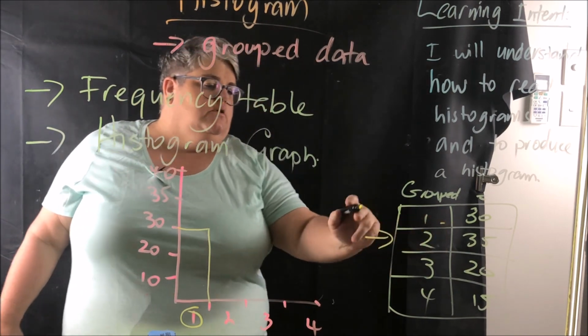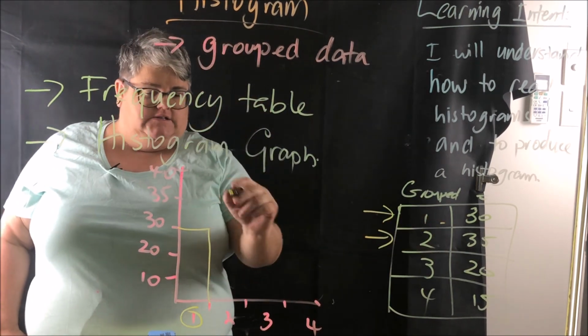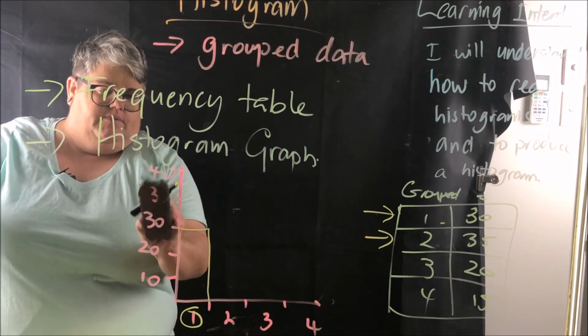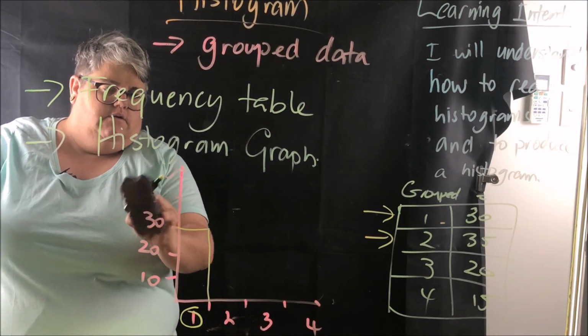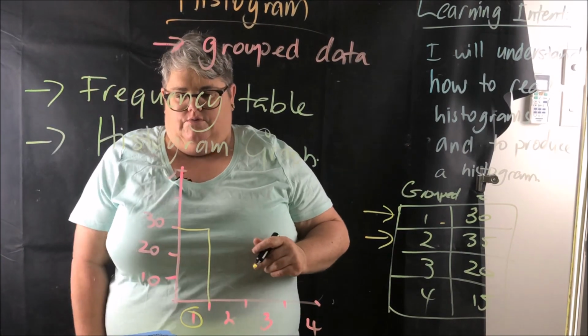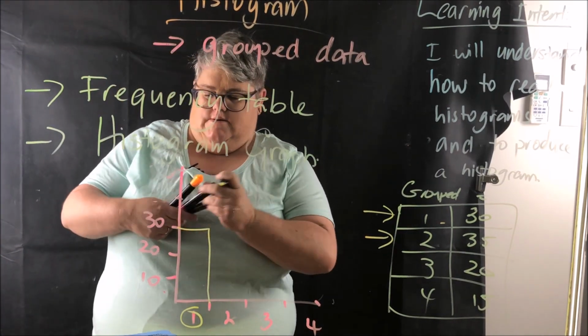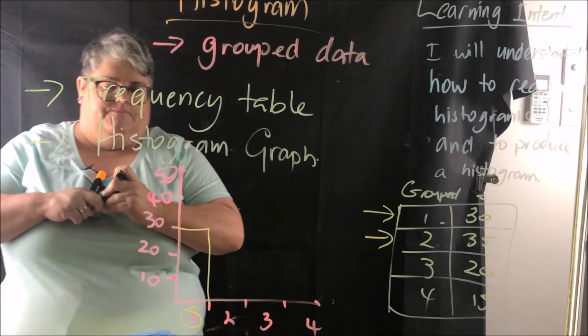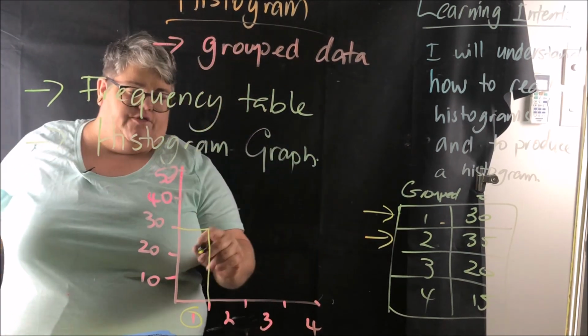Group number 2 is, that doesn't make sense, let me rub that out. What it should be is 40 and 50. So group number 2 says we've got 35.